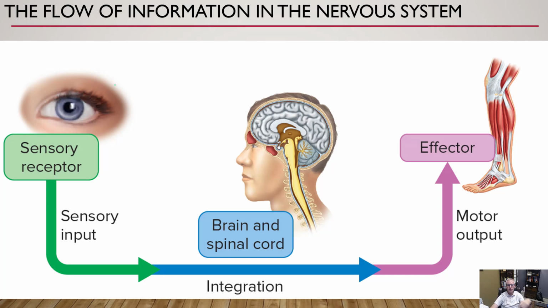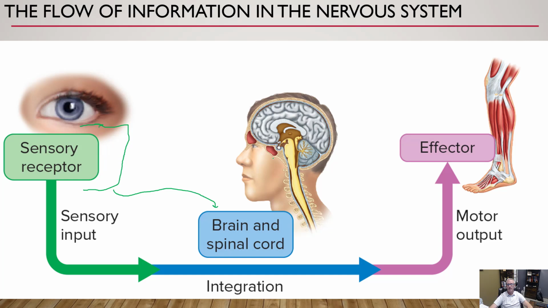We have chemoreceptors that detect changes in chemicals like your blood sugar level. You taste chemicals, you smell chemicals. So all of your sensory receptors will pick up what's going on inside your body or outside of your body, and send that information to the brain and spinal cord where it will get processed.